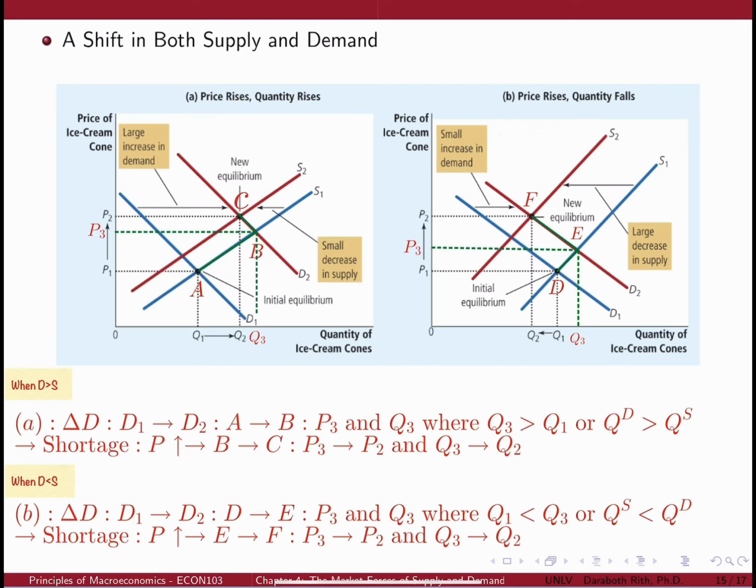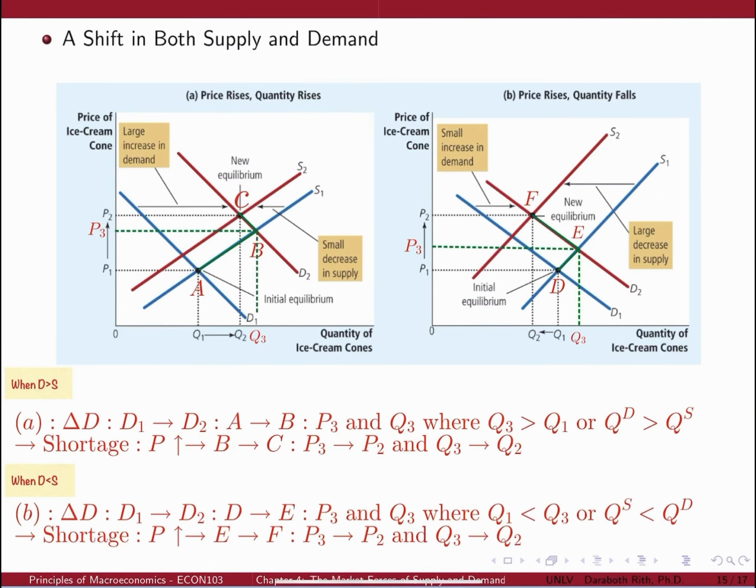So the supply curve shifts from S1 to S2, and it creates a new equilibrium at the D2 and S2 intersection. The new equilibrium changes from point B to point C. Here we can see that the price increases from P3 to P2, but the quantity decreases back from Q3 to Q2. And this is due to the change of demand being greater than the change of supply.